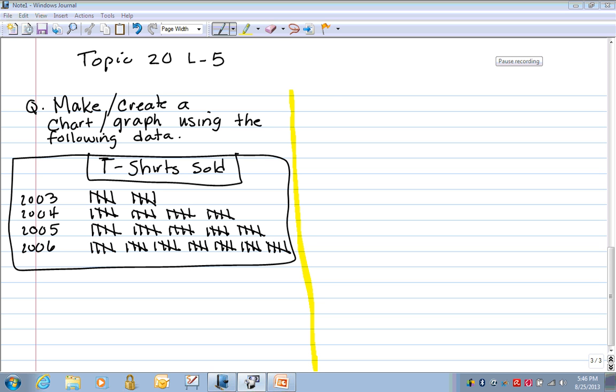Okay, on the right side, I want us to draw a graph of the data on the left side. So we're going to draw our line. Oh, that's too long. Let me fix that a little bit. Let's go here.